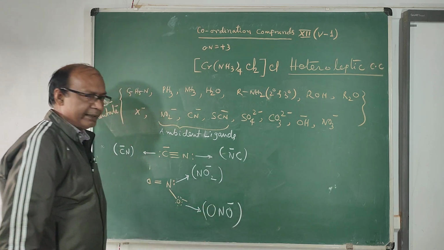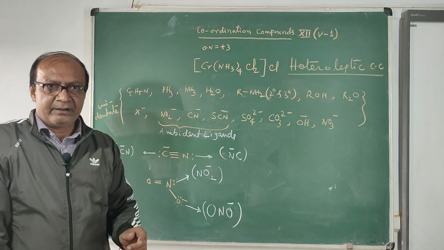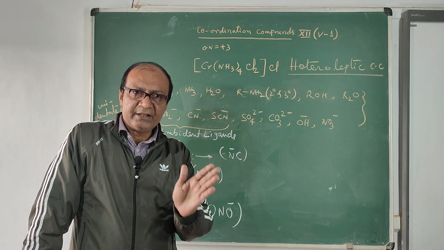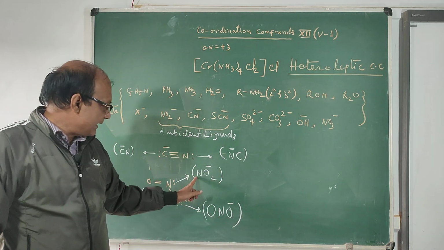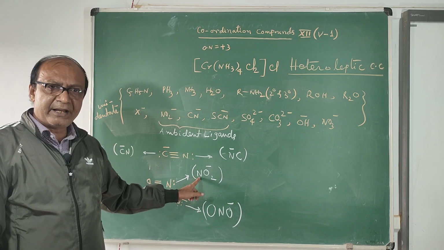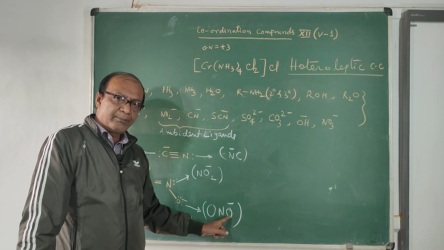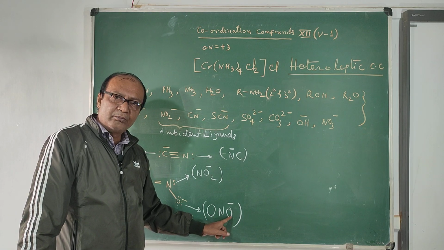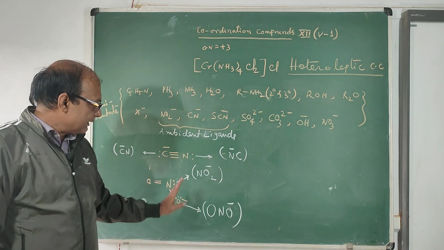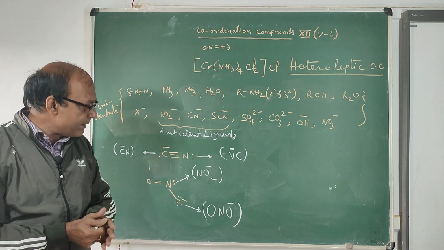Remember, you have to make it clear from which atom, which donor site, is used in bonding. If we write NO2 minus, the bonding takes place through nitrogen. If you write ONO minus, the donor atom is oxygen. So the names are also different, and that's why we use different names.